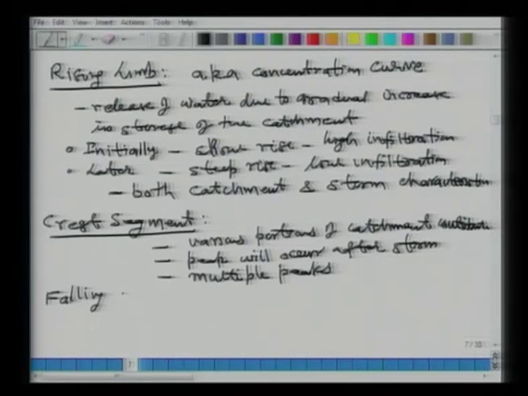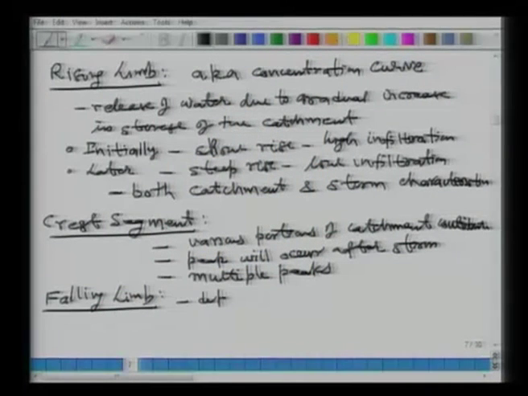Then the third important component of a storm hydrograph is called the falling limb. Where is the water coming from when we are on the falling limb? It is mainly different storage components. Okay. It may be surface, it may be subsurface, it may be deep groundwater.